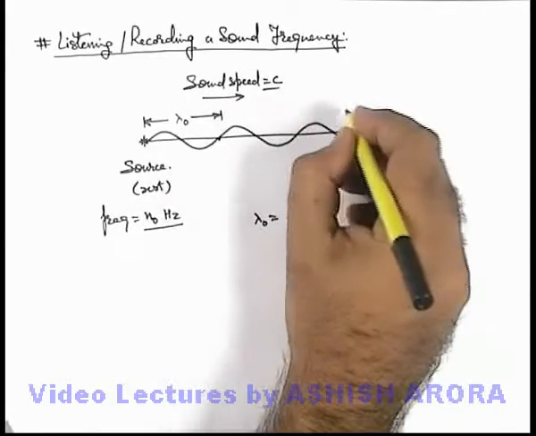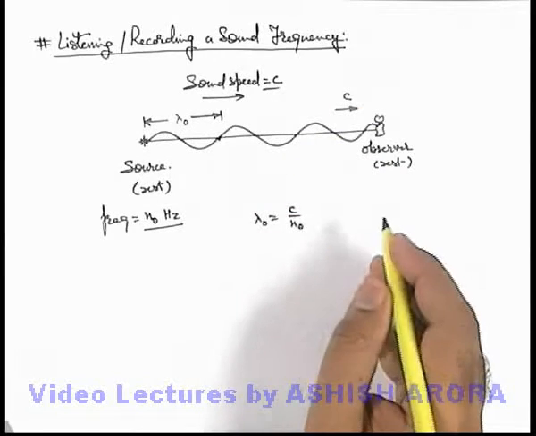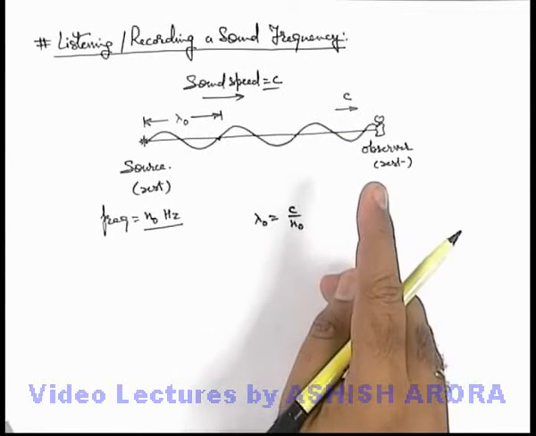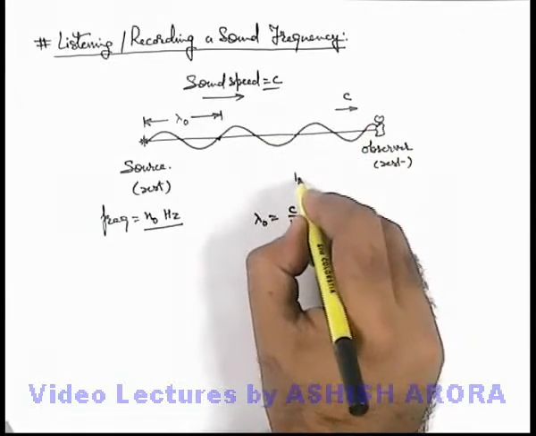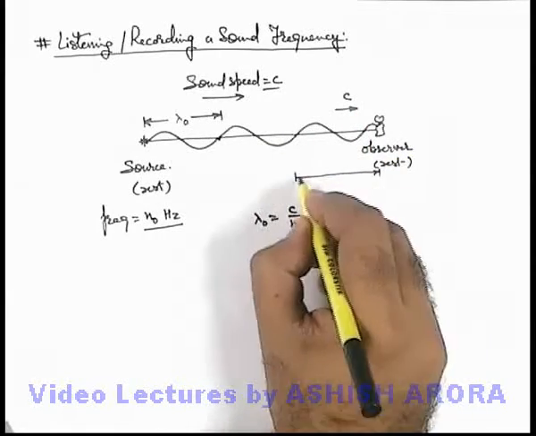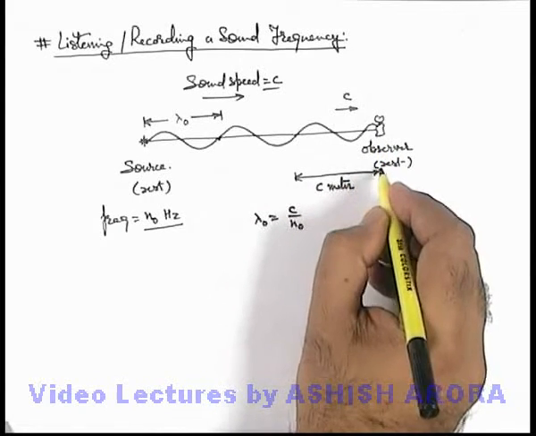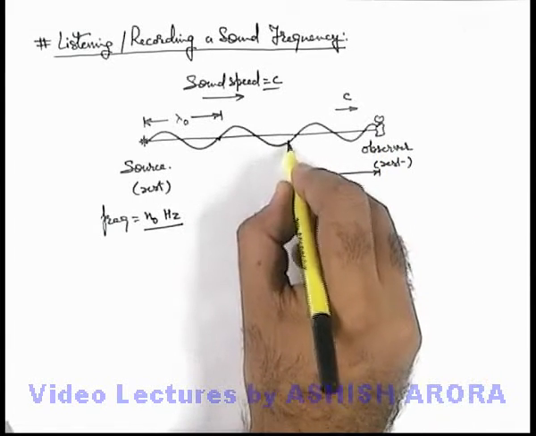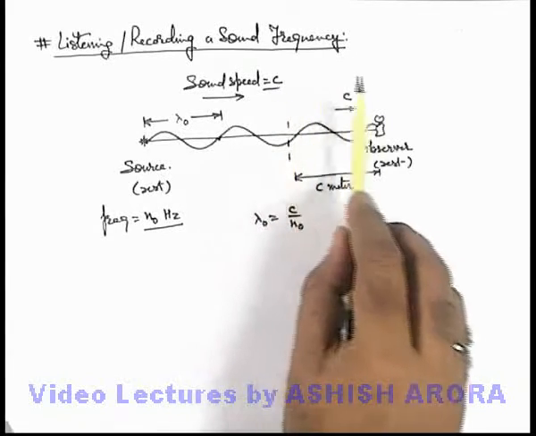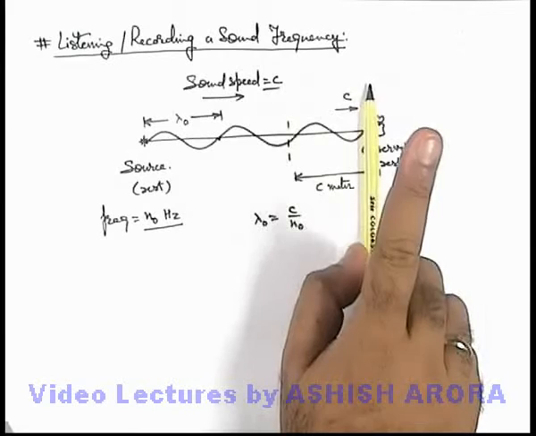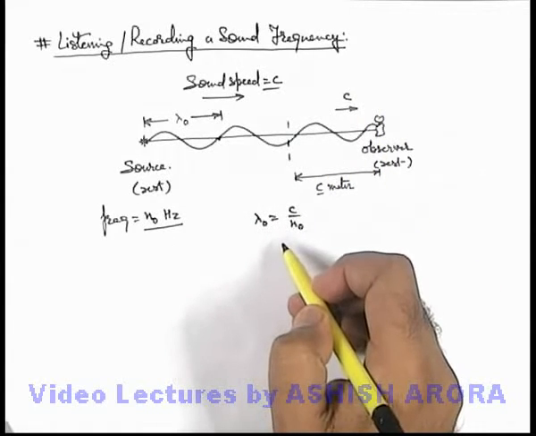As the sound is approaching the observer at a speed c, in 1 second the wave travels c meter distance, so we can consider a length which is c meter from the observer. The portion of wave which is located here will be able to reach the observer in 1 second, because in 1 second the wave is traveling c meter length.